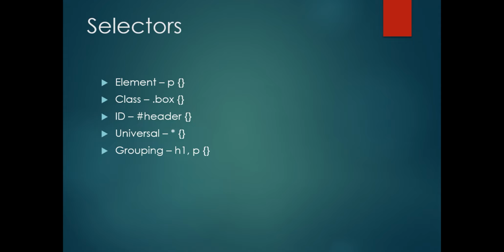And we have the universal selector. This universal selector styles the whole page, the whole component. For example, this star means it styles the whole website. Maybe you want the whole website to have a background or a background image or another default style.